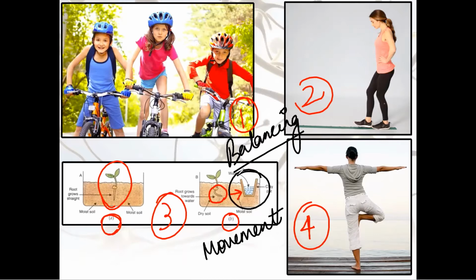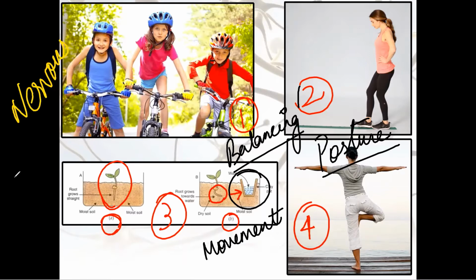So there is something that the plant is showing movement towards. And in the fourth, posture. All these activities are controlled by a system, and that system is known as the nervous system. We will learn about the nervous system in this video.